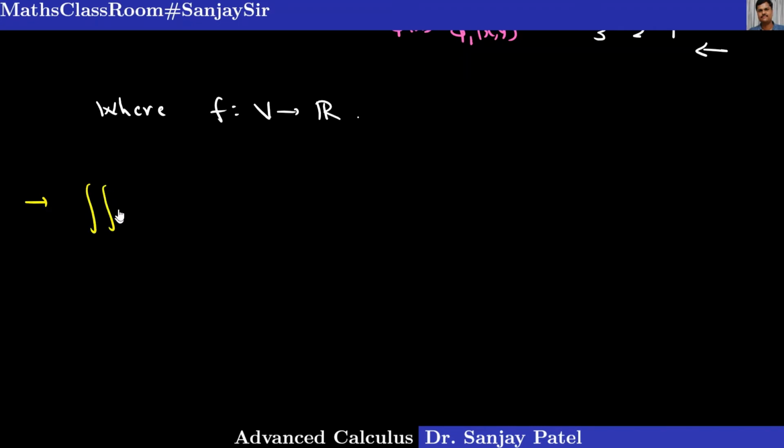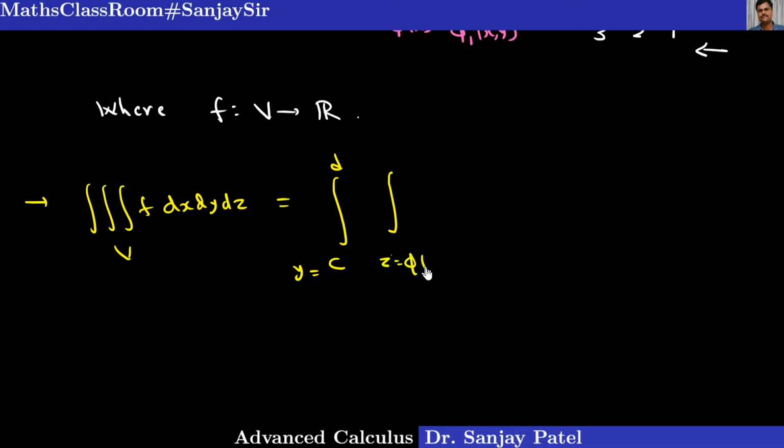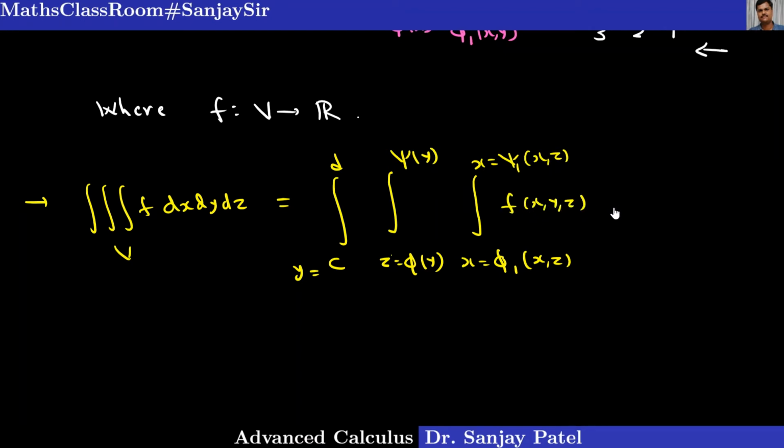We can also have the triple integral over the volume V of the function f dx dy dz, which is equal to the integral, say y is equal to c to d, and z is equal to phi of y to psi of y, and finally x is equal to phi 1 of y, z to psi 1 of y, z, f of x, y, z. Now the order will be like this.